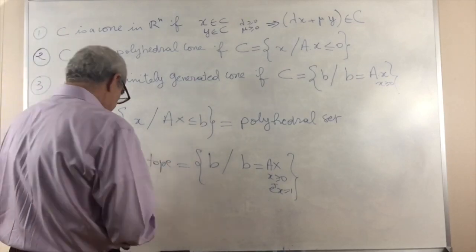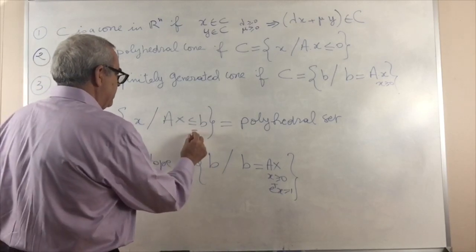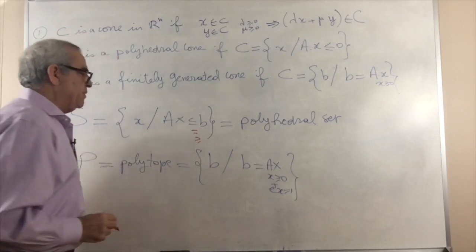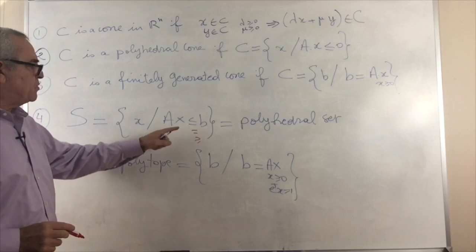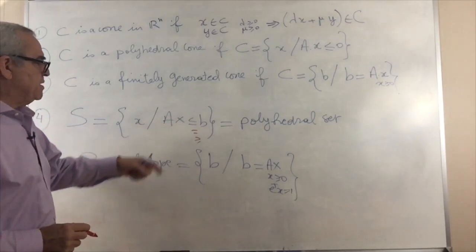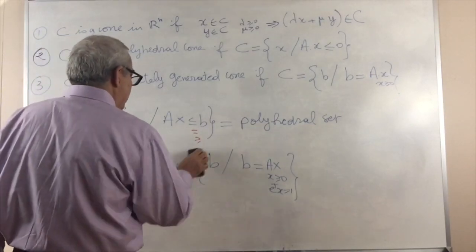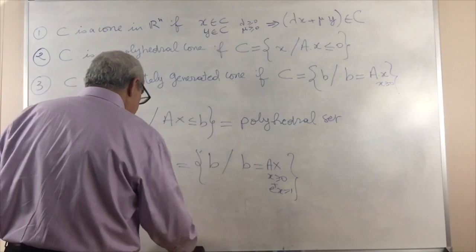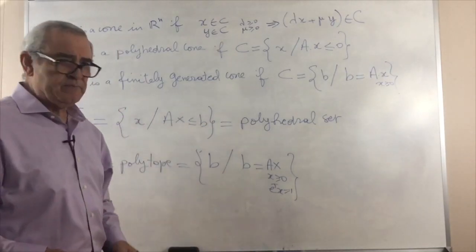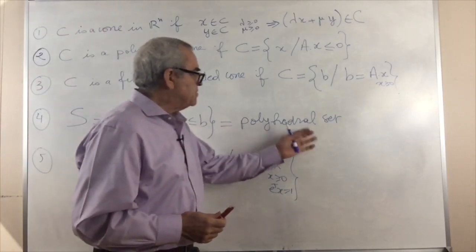I could have some equations that are equal and some that are greater or equal, because we can transform all these to inequalities like this. So any set that's defined by linear constraints, which could be less or equal, equal, or greater or equal, is called a polyhedral set.